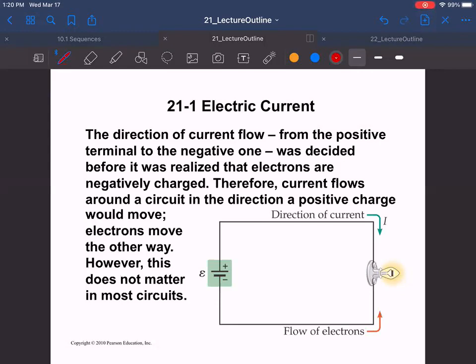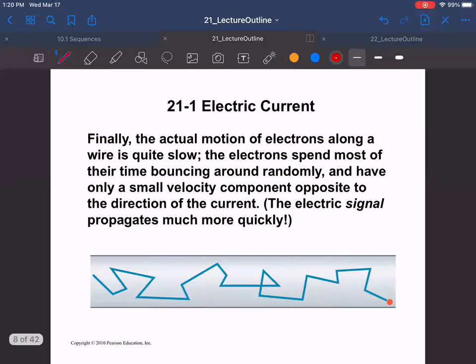So that's what our current is going to go. It's going to go from positive to negative, but the actual electron flow is from negative to positive. It doesn't matter for most circuits. So it works out equivalently, so we leave it. Now, the actual motion of the electrons inside the wire is not just straight through.